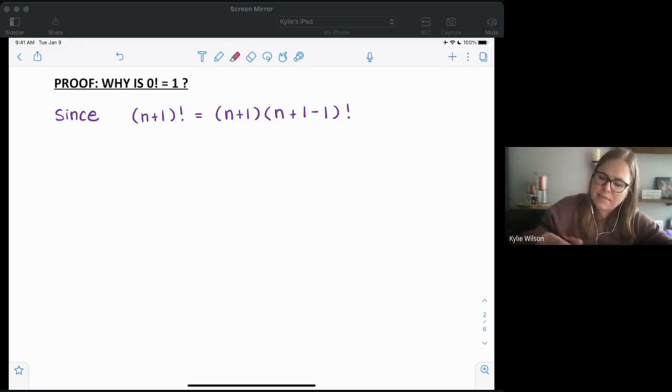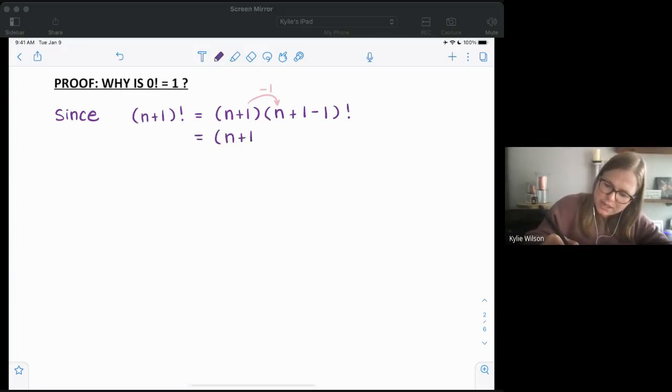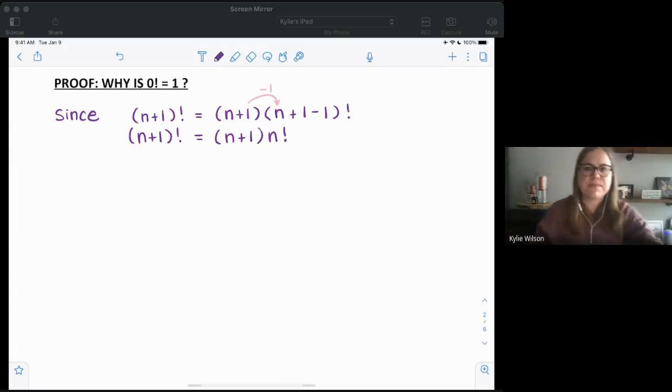And this is the same thing that we were doing because all I did was I subtracted 1, right? Now this is the same thing as n plus 1 multiplied by n factorial, right? Hopefully that part makes some sense.